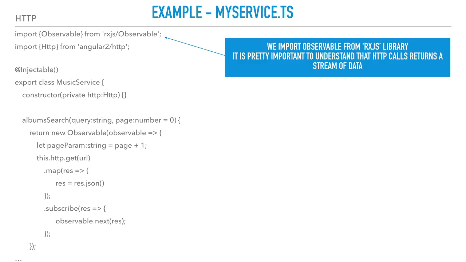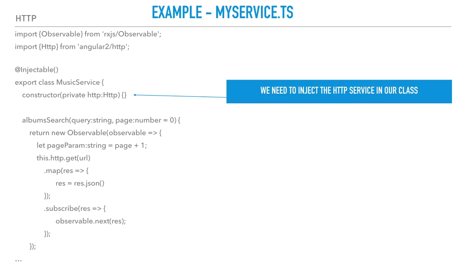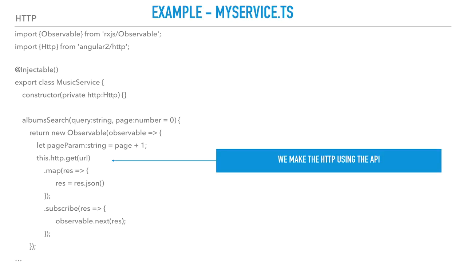Also we have the HTTP from the HTTP library, and most important, remember to inject the HTTP library. This is an external dependency, and Angular will take care of creating an instance for you, and then we are ready to go. We can start using the HTTP libraries and make GET requests, POST requests, and so on.